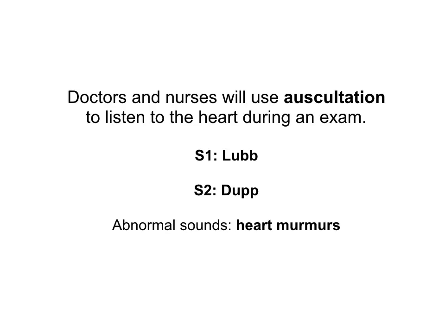Now S3 and S4, again, these you can't hear with a stethoscope, but they are sounds created by blood movement through the different valves. Now, occasionally you might hear something abnormal with a stethoscope during your cardiac cycle, and these abnormal sounds are called heart murmurs.